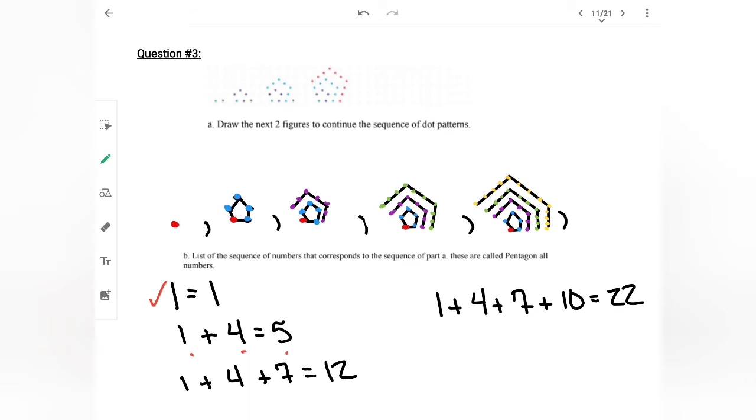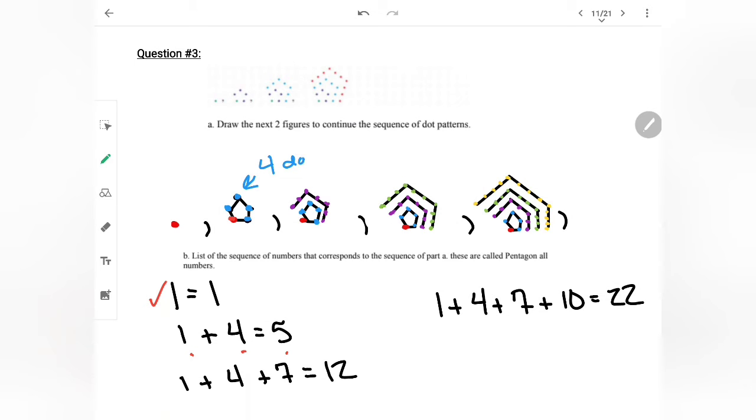We originally started out with this 1 dot right here, this orange dot, and then we added 4 of the blue dots. So since we added 4, it's going to be 1 plus 4, which is going to leave us with a total of 5 dots in that figure.